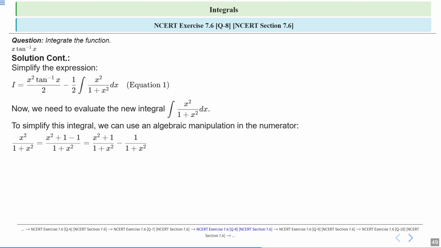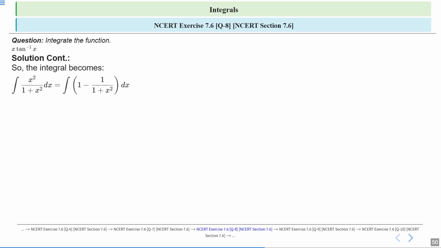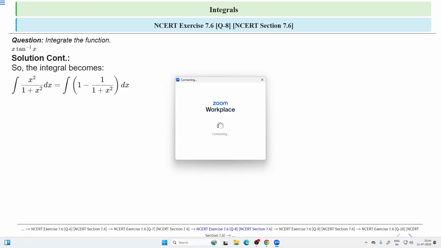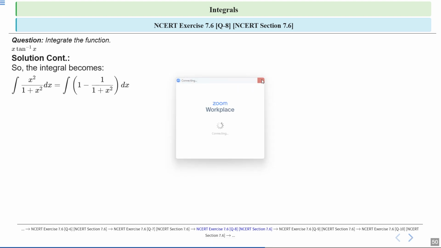The first term cancels out, as the numerator and denominator are both the same. So we get x square by 1 plus x square is equal to 1 minus 1 by 1 plus x square. So the integral of x square by 1 plus x square dx is equal to the integration of 1 minus 1 by 1 plus x square.